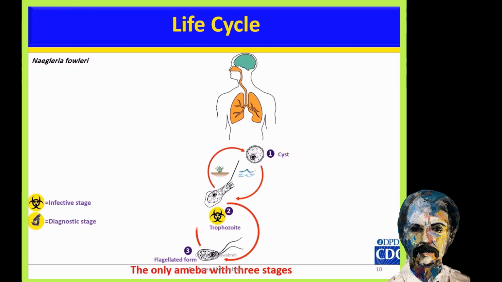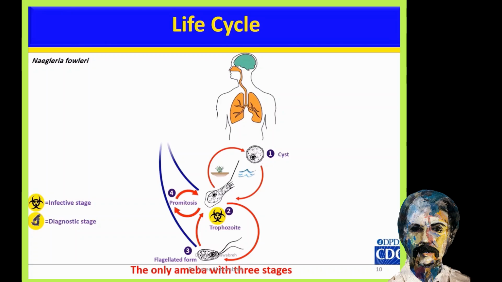We have a pear-like structure with the nucleus, karyosome in the middle here, and we have two flagella, so it can move very fast. So this is the only amoeba that has 3 stages. Even the second stage, which is the trophozoite, by promitosis it can also convert to itself.